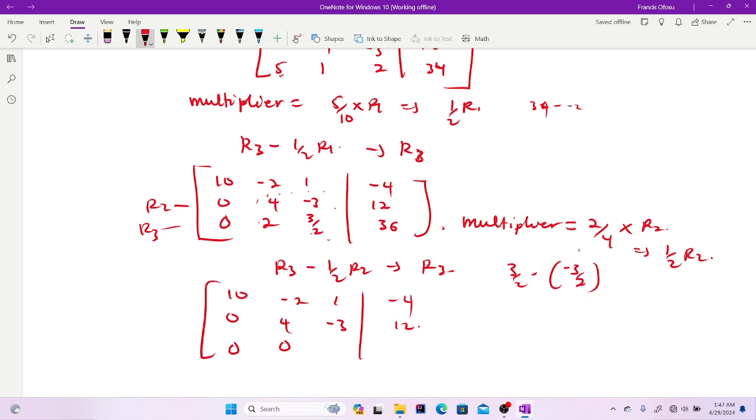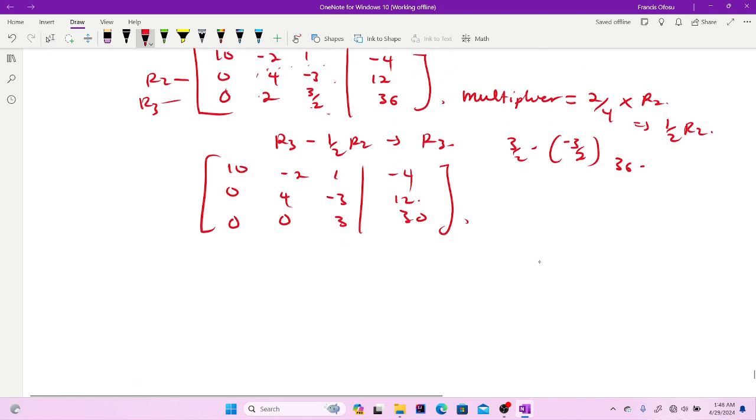This becomes 6 on 2, giving me 3. 36 minus half of 12, which is 6, giving me 30. So this is the end of the forward elimination.